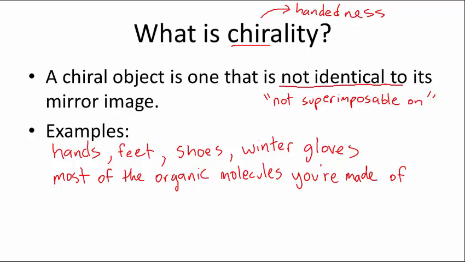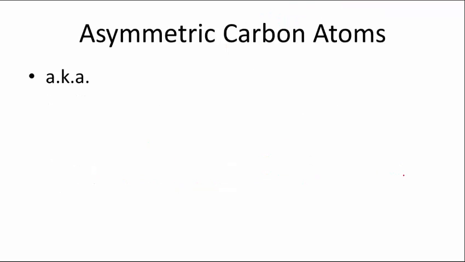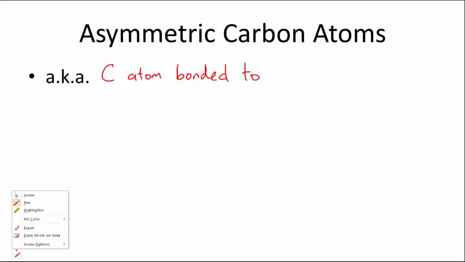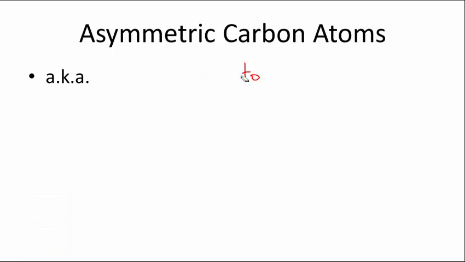So how does chirality arise in organic molecules? While there are some other ways for it to arise, the main way that we end up with chiral molecules is through what we call asymmetric carbons. So an asymmetric carbon atom is a carbon bonded to, oh, actually, I left the AKA there because sometimes we call them asymmetric carbons, sometimes we call them chiral centers.